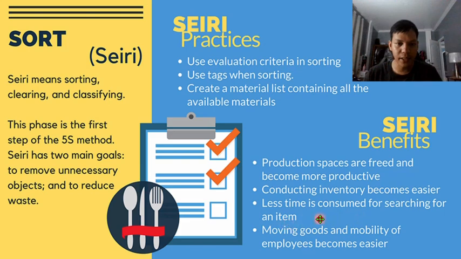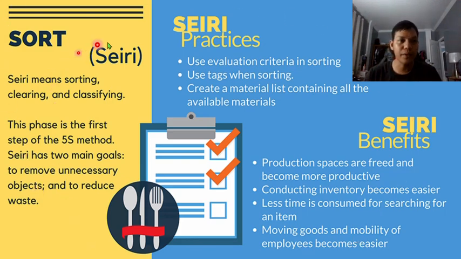Next, less time is consumed searching for an item, because we already removed the unnecessary objects. And number four, moving goods and mobility of employees become easier. We will have easy access to the area because we have more space, since we removed the unnecessary objects.